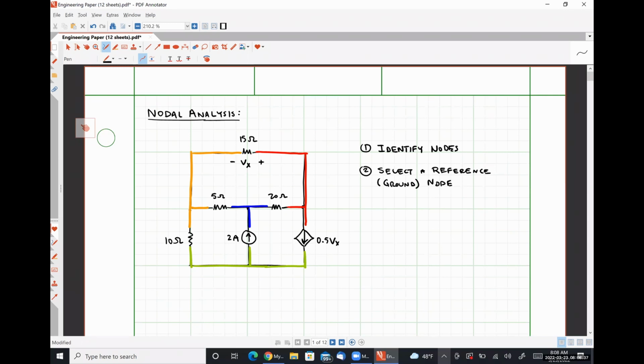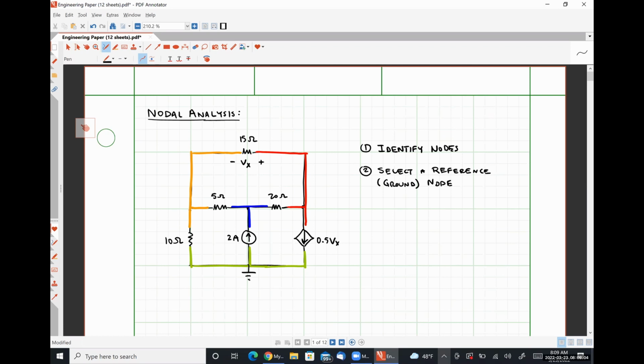So I'm going to open it up to you guys. Where would you like the reference node to be? Green. All right. So what this selection does is it effectively says that the green node is now at an assumed potential of 0 volts.